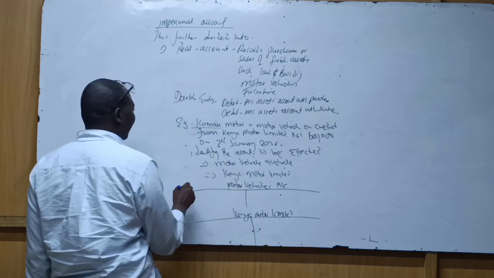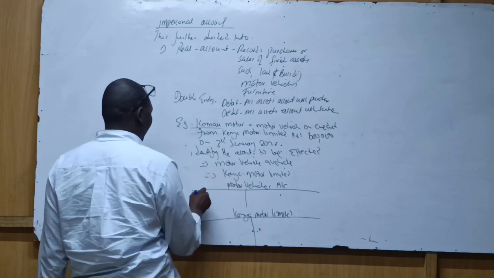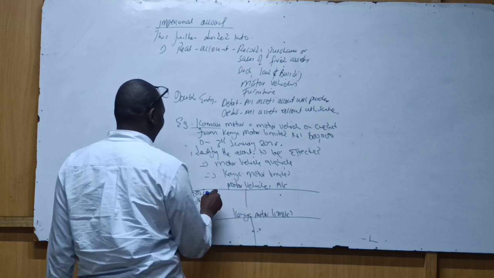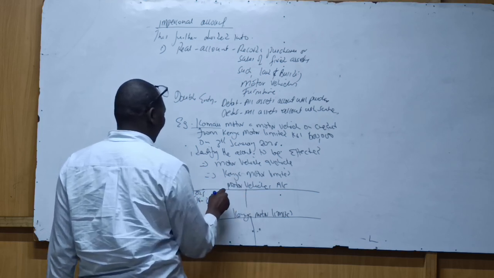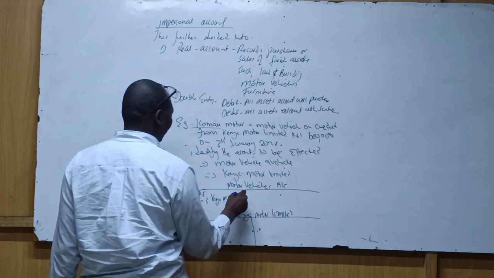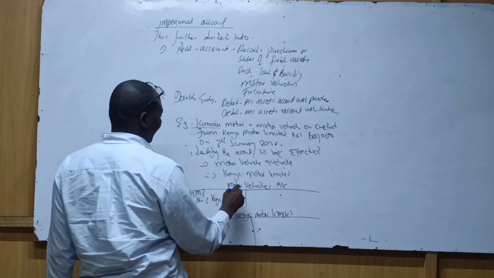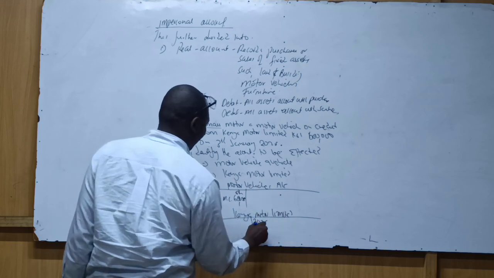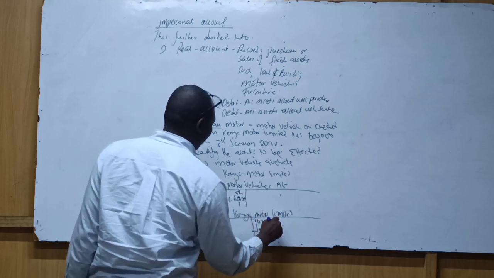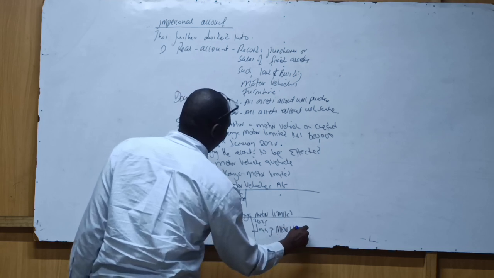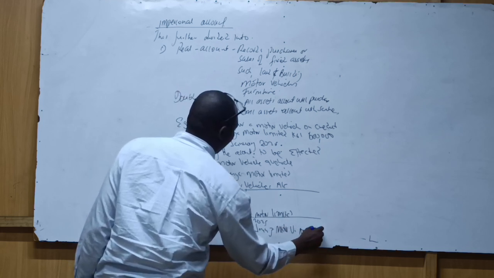So you come and see, 2025 January the 3rd, what happened? Kenya Motor Limited, 600,000. You also come here and see that on 2025 January the 3rd, the motor vehicles account amount is 600,000.